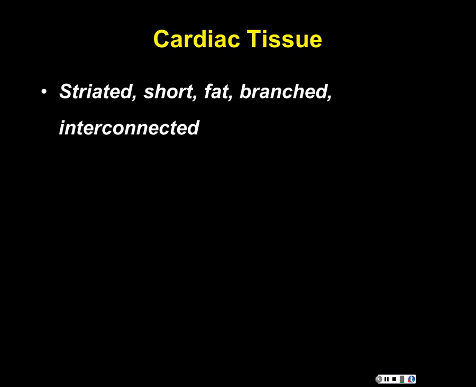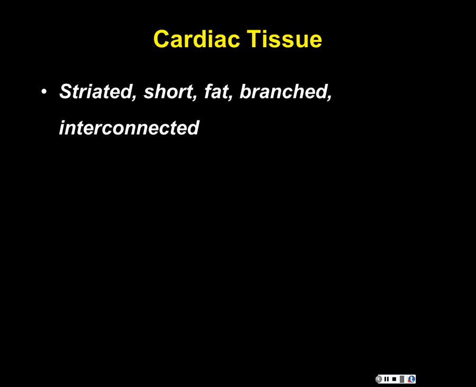They branch as well. So they're not just parallel like we see in skeletal muscle. They're attached and they turn left, they turn right. To give you a visual, have you ever taken a dish towel, gotten it wet, or even if it's dry, and twisted it?